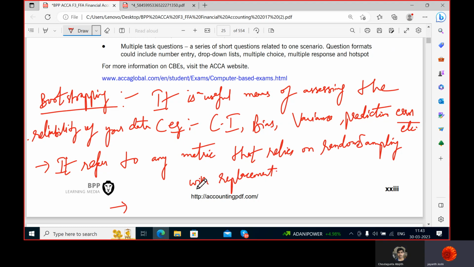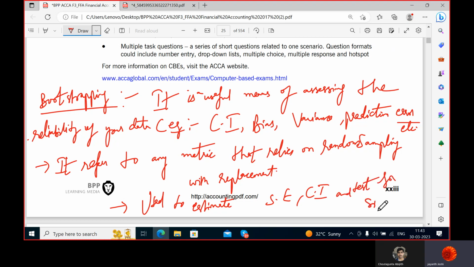So it is used to estimate, same thing, standard error, confidence interval, and tests for significance. So do you have any idea about this, what we say with replacement? Abhijit, what happens in with replacement? Any idea?